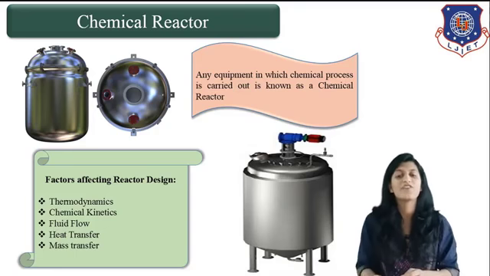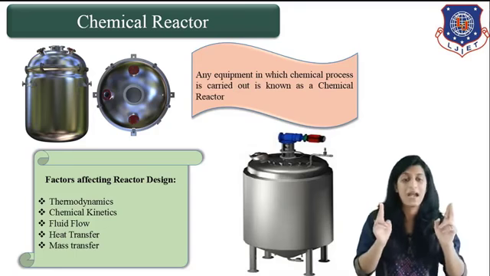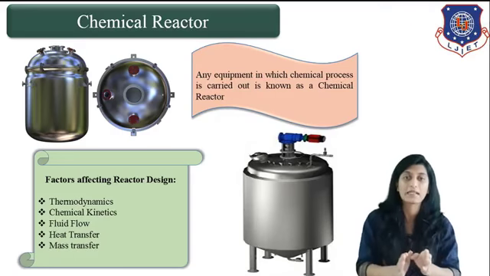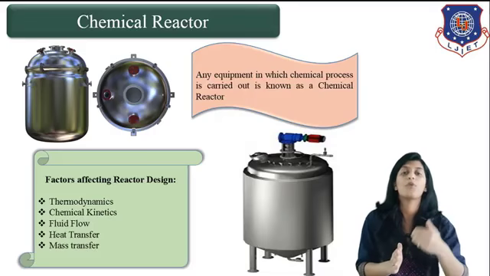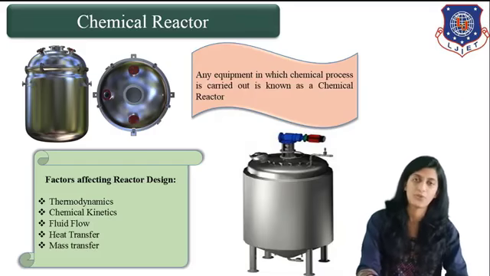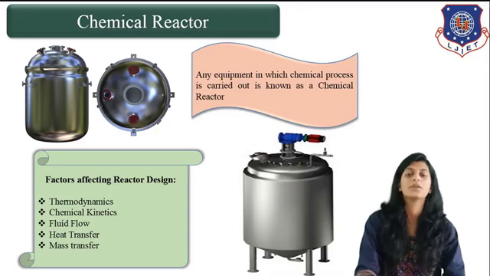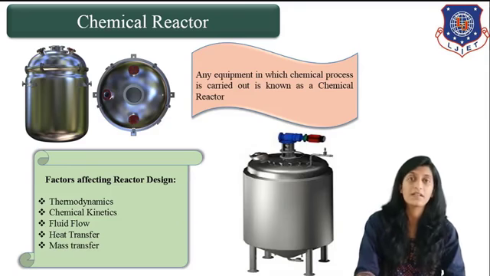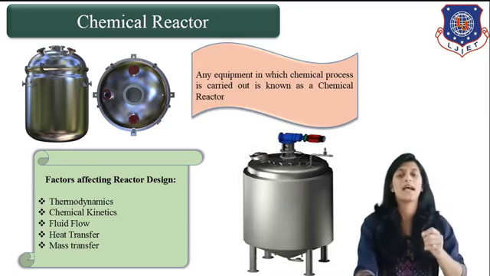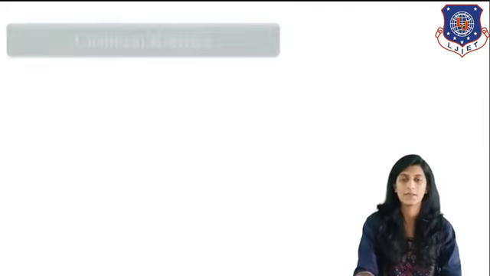Keeping all these 5 parameters in mind, then and only then can we design a proper reactor which can give you a proper efficiency or proper conversion of product, right? So these are the factors which we must understand and consider while we are designing a chemical reactor.